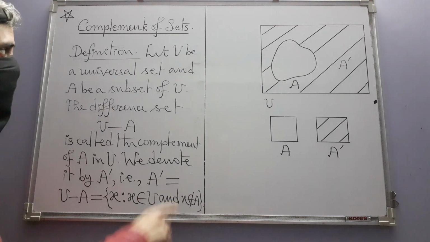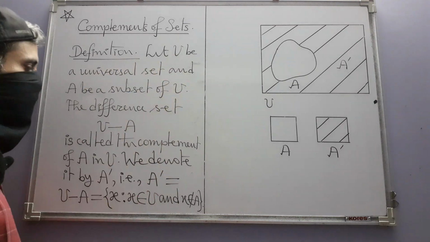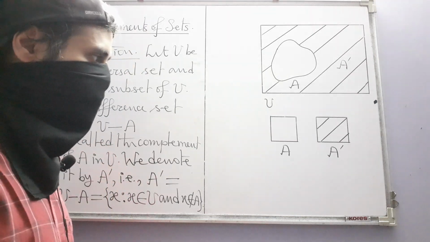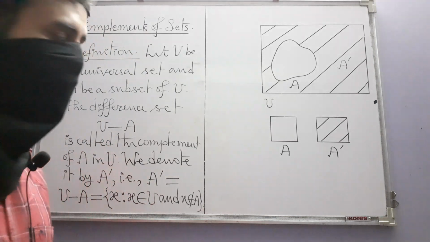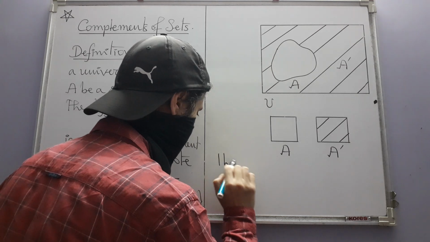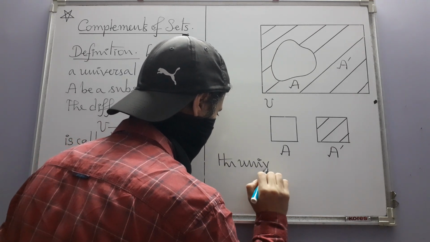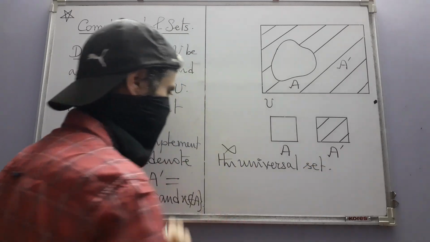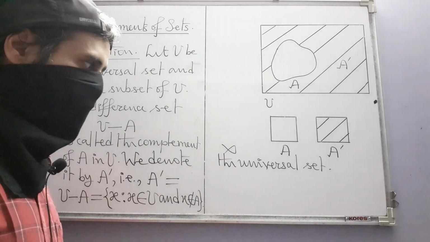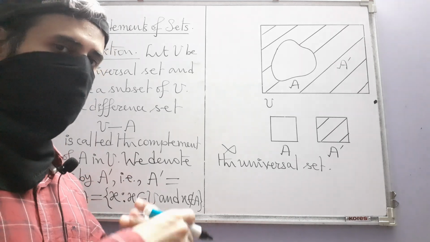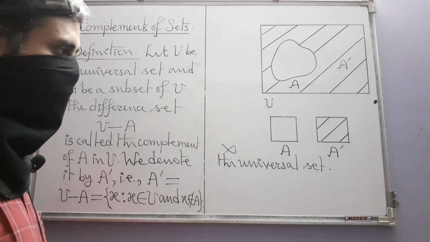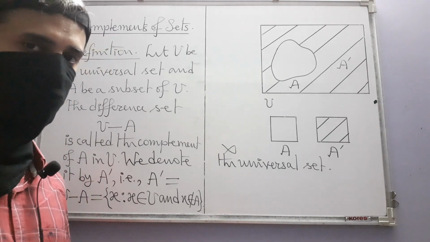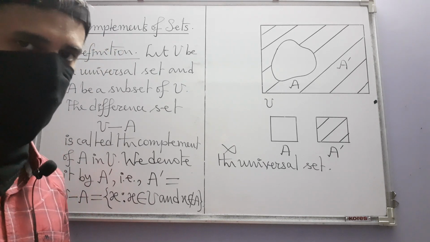The first thing is that a universal set. Let me again stress the fact that you should not write the universal set. There is nothing like a unique universal set which is so large that it contains every possible object as its elements and every possible set as its subset.